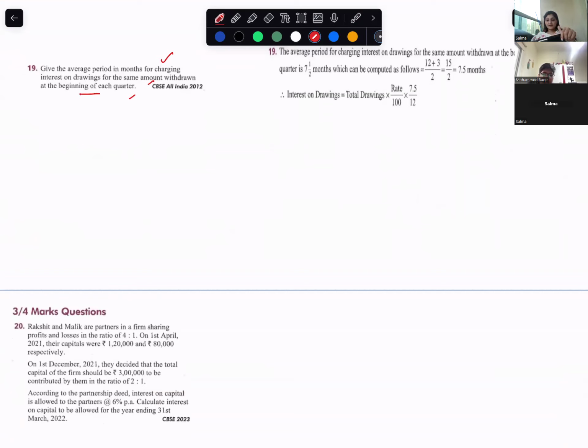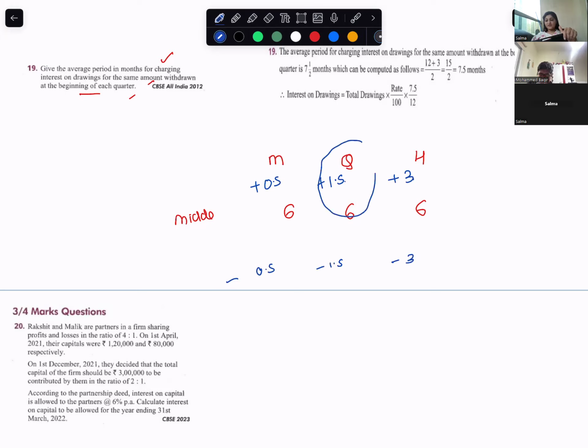Monthly, quarterly, half yearly, yearly. For the middle, it was 6, all 6. For this one, it was plus 0.5, plus 1.5, and plus 3. And here it is minus 0.5, minus 1.5 and minus 3.